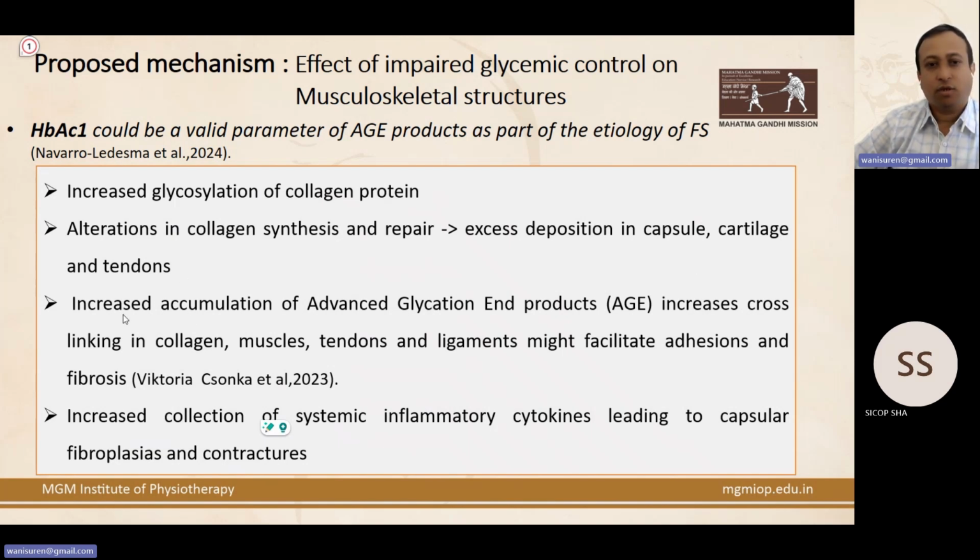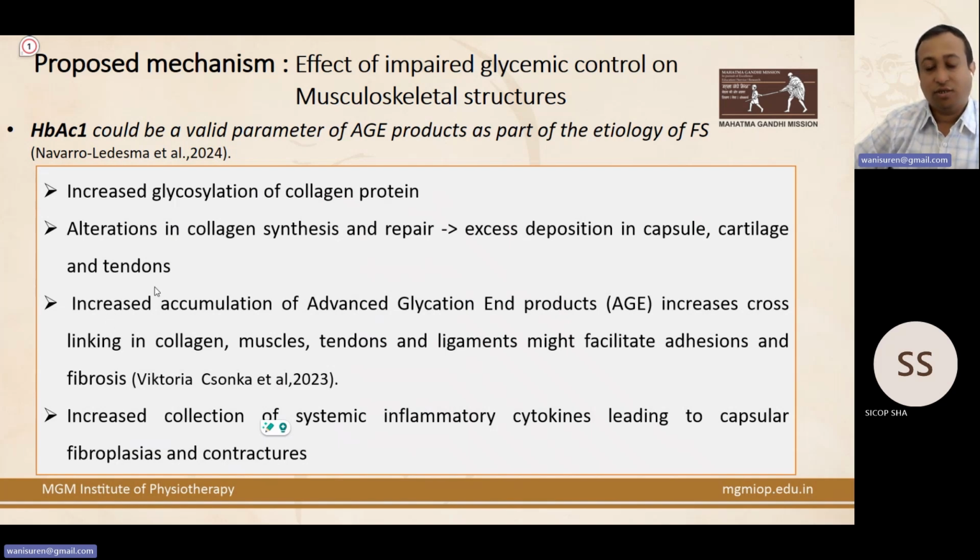Because of hyperglycemia, there will be increased accumulation of advanced glycation end products, which increases the cross-linking between the collagen fibers, muscles, tendons, and ligaments, which facilitates the formation of adhesions and fibrosis in the joint capsule of the shoulder joint, and may lead to frozen shoulder or adhesive capsulitis.